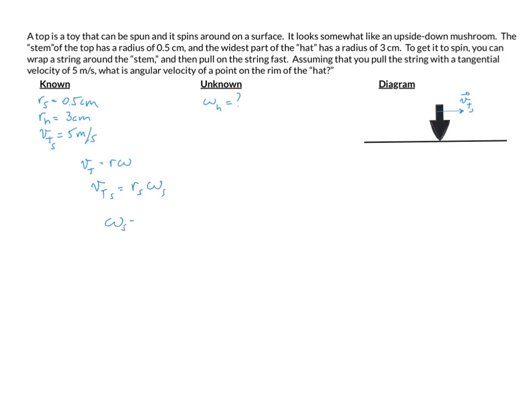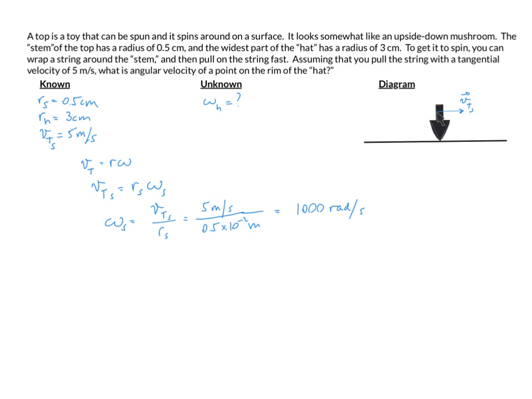So omega stem is V tangential divided by radius, and that is 5 meters per second divided by 0.5 centimeters. I have to convert the centimeters into meters, 10 to the negative 2 meters. And when I do the calculation, I end up with 1,000 radians per second.